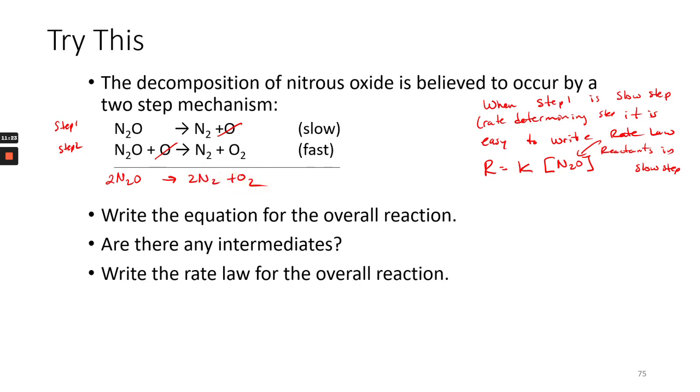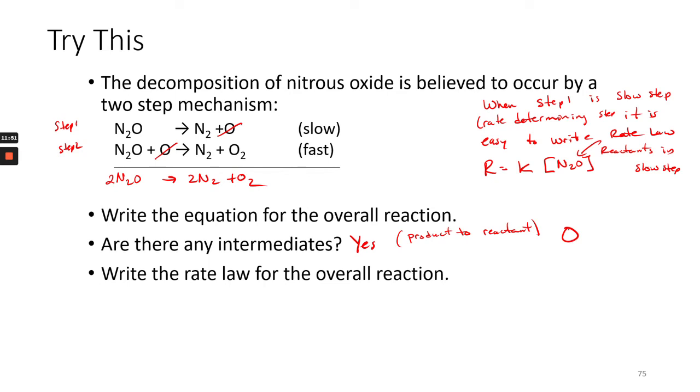So here is my complete balanced chemical reaction. Are there any intermediates? Yes. Is something produced and then immediately used up? Produced means it'll be a product, and then immediately used up means it'll be a reactant. So it goes from being a product to a reactant. And in this case, it is O.